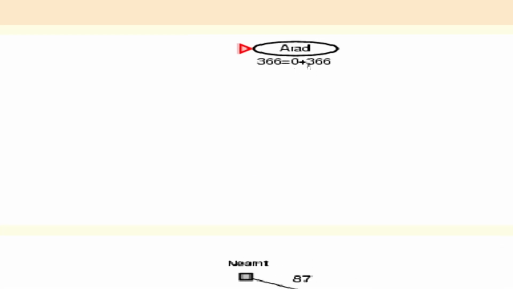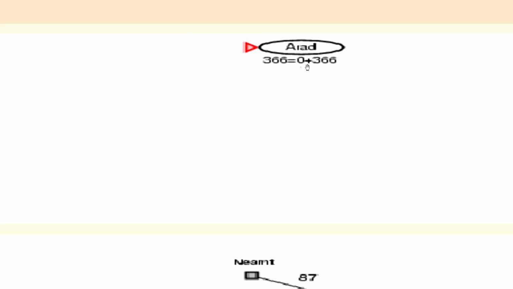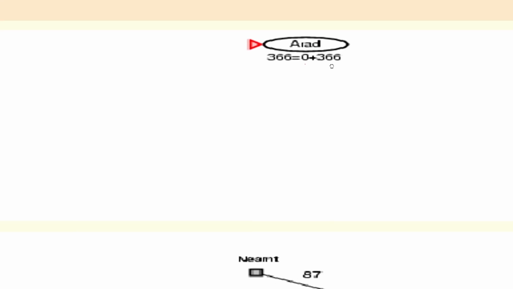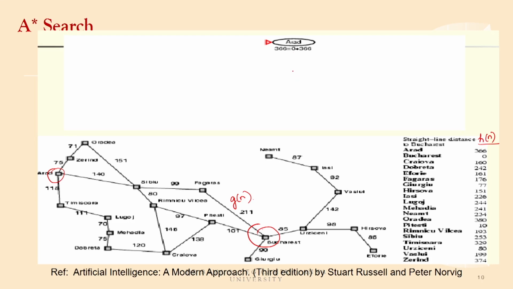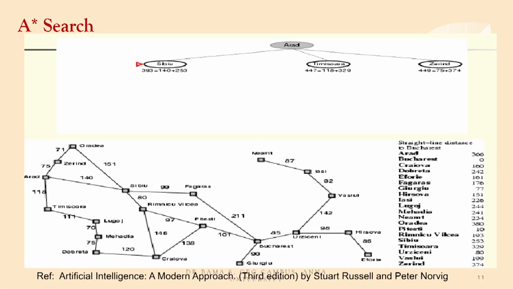Now, at each stage, first we see Arad, we start from here, and at this stage this is the g of n value and this is the h of n value. Now, at the next stage there are 3 branches coming out, one towards S, one towards T, another towards Z. So, at each stage we are finding the g of n plus h of n value.